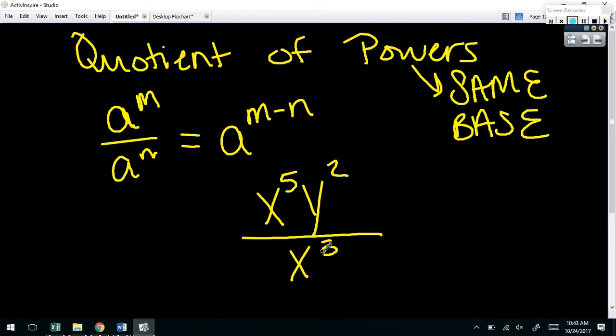Well, if you're dividing, that's quotient of a power, and if you're multiplying, then that's product of a power. One is a fraction, the other one is in parentheses.